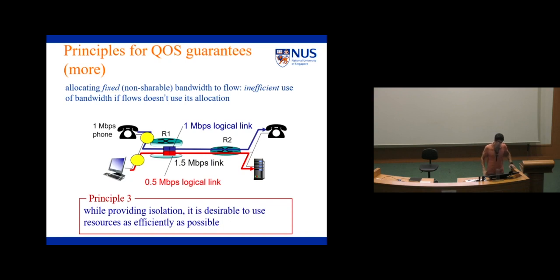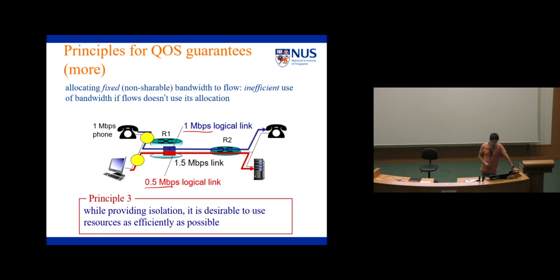One other way we can do this is to assign fixed, non-shareable bandwidth to each flow, just like circuit switching. Once that voice over IP application is declared, we allocate perhaps 1 megabit per second, because we know voice over IP can be well supported at 1 megabit per second. So no matter how it requests, we always assign that much, and we strictly give the rest, the 0.5, to the HTTP application.